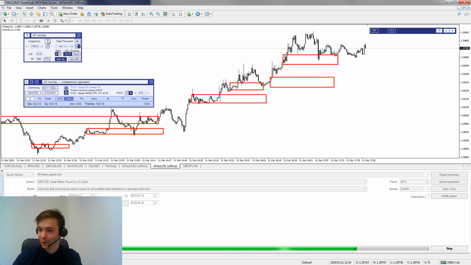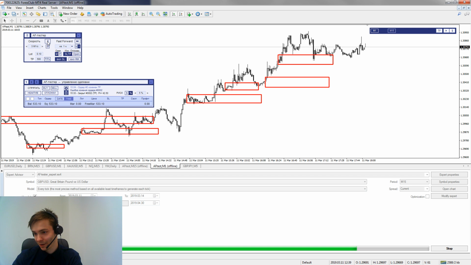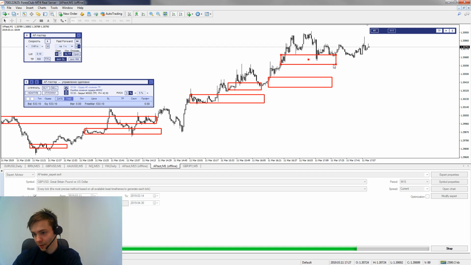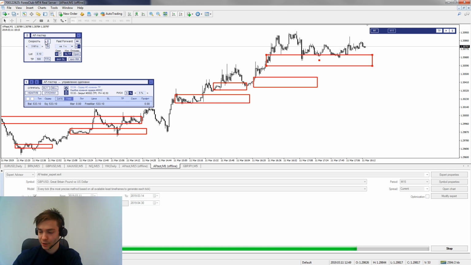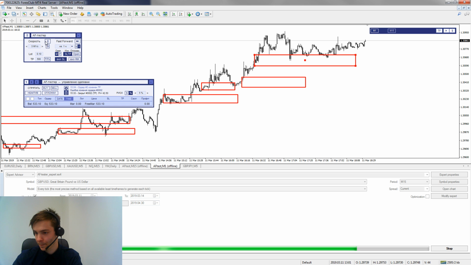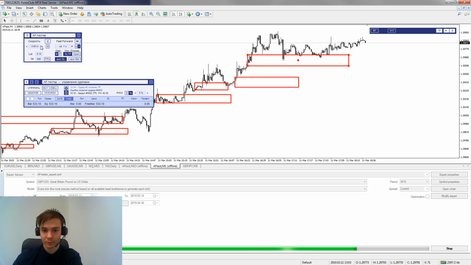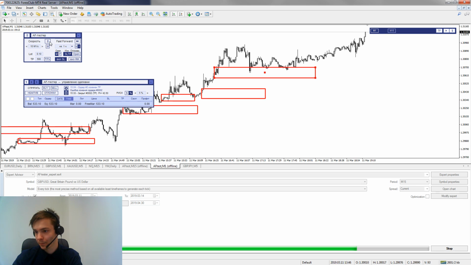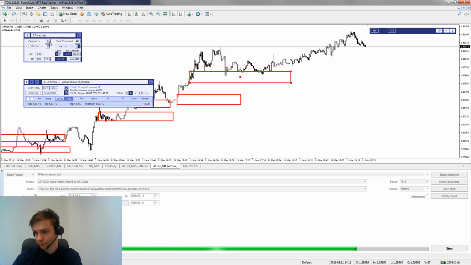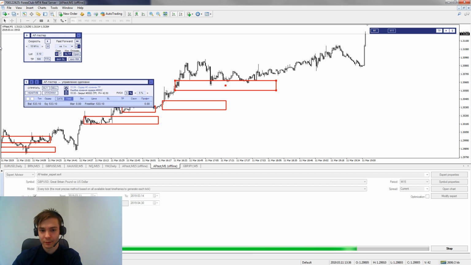I actually have no idea what will happen. Nice reaction on this zone. Okay, another nice reaction here.